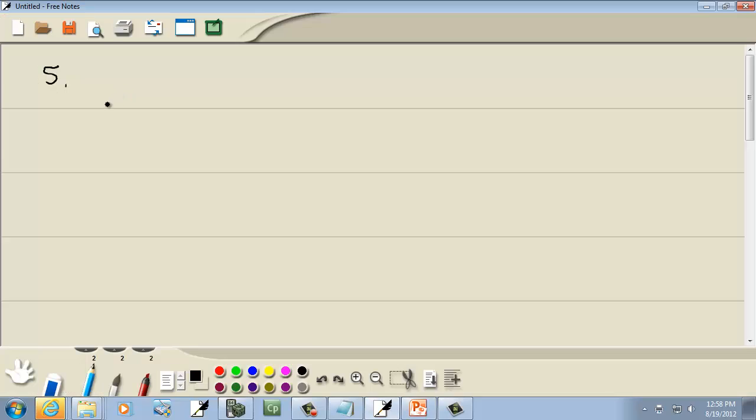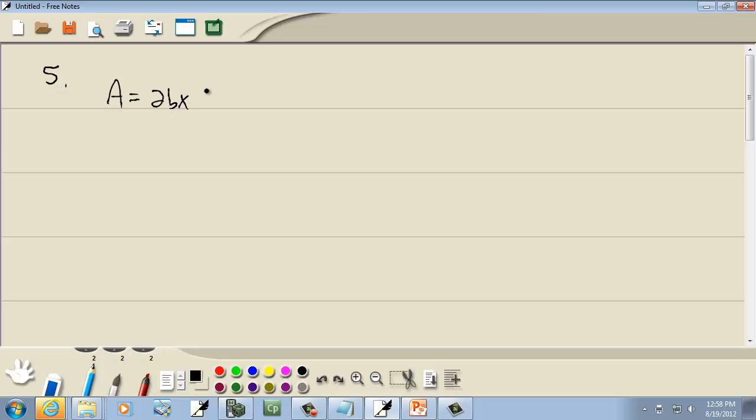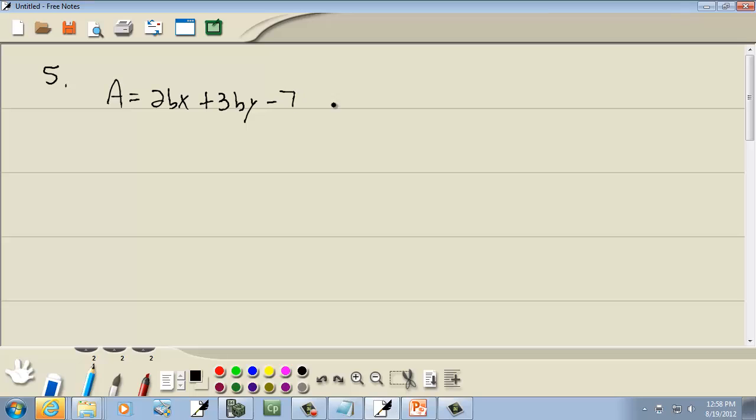So we got A is equal to 2bx plus 3by minus 7, and we're solving it for B. First step, get rid of parentheses. Don't have any. Second step, get rid of fractions. Don't have any. Third step, get everything with a variable you're solving for on one side, everything else on the other side.